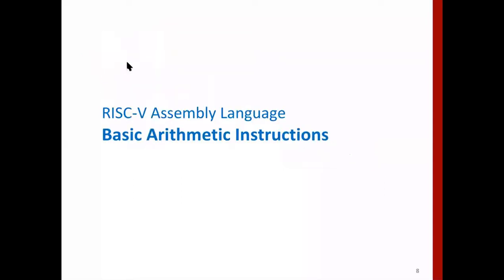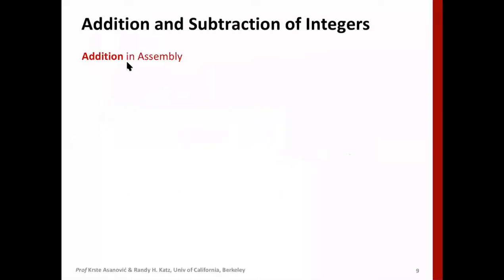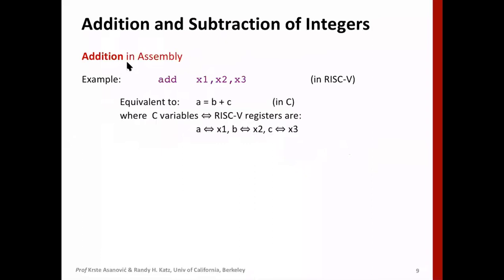So let's look at some very basic arithmetic instructions, and we have already seen that there are two very simple instructions, like add. So add is adding the contents of x2 and register x3 and moving them to register x1. So first look at the contents of x2, add to that the contents of x3, and the sum of that we are moving to register x1.